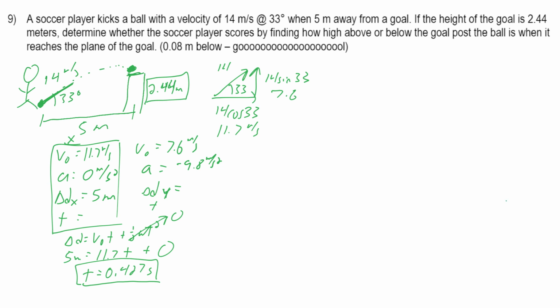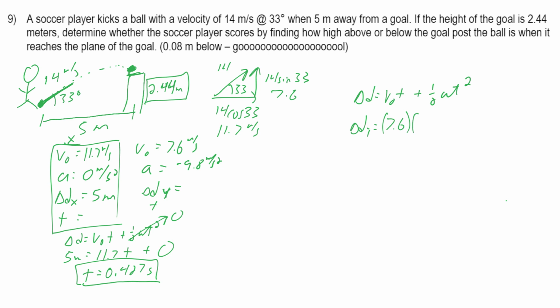So lastly, we're going to solve for the displacement in the y direction. So that's going to be v0t plus 1/2 at squared. We're solving for dy. The initial velocity we had is 7.6.